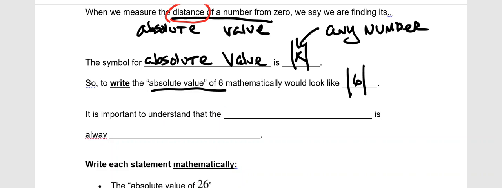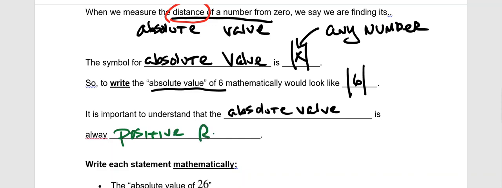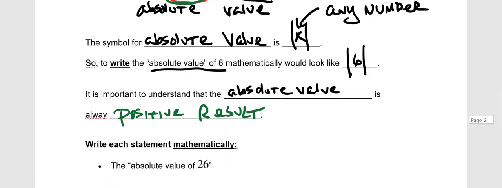So it's important to understand that the absolute value is always a positive result. So maybe I should change that to green, okay? I think green being positive. All right, so don't overthink this. Whatever is in the bars, we positize it, okay? And it comes out as a positive outcome because it's nothing more than the distance.